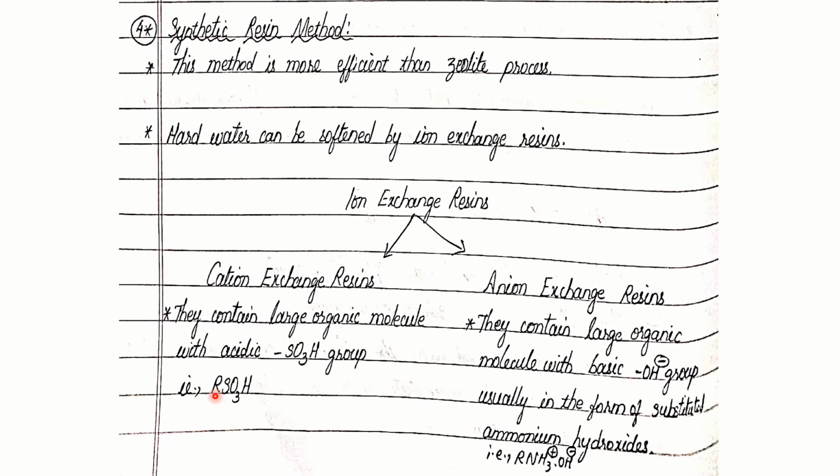Here R represents the large organic molecule, that is, an alkyl group. Anion exchange resins contain large organic molecules with basic hydroxide groups, usually in the form of substituted ammonium hydroxides. That is, they may be represented by the general formula RNH3+ OH-.